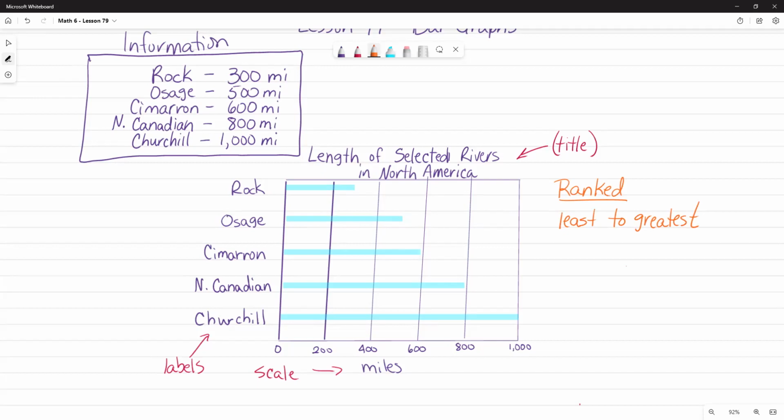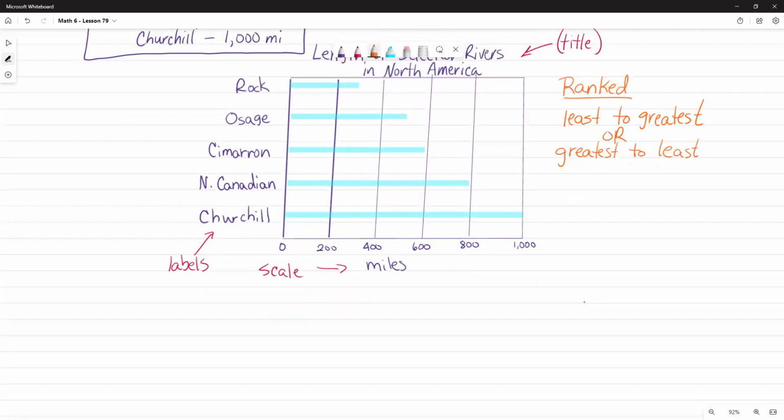So that one's from greatest to least. My example is the opposite. You have to put them in numerical order first when you're asked for a ranked bar graph, which is what you're going to be doing in number 2.